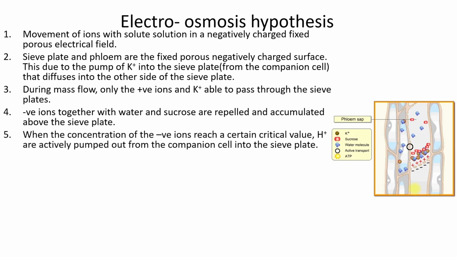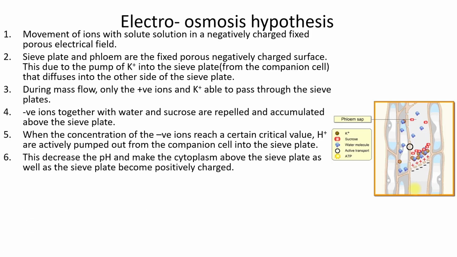When the concentration of the negative ions reaches a certain critical value, protons are actively pumped out from the companion cell into the sieve plate. This will decrease the pH in the sieve tube, and make the cytoplasm above the sieve plate as well as the sieve plate become positively charged.